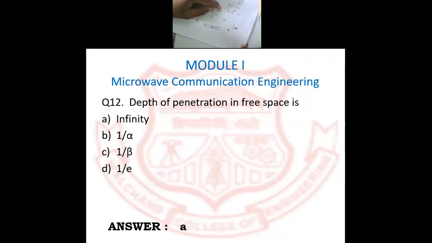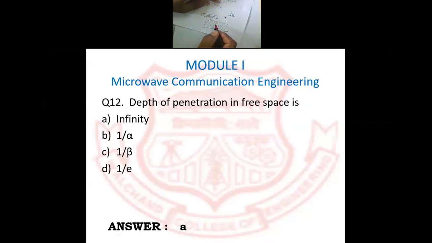When your wave is propagating, and if we have a conducting surface, and your wave is incident on this particular conducting surface, there are surface charges as well as surface current.